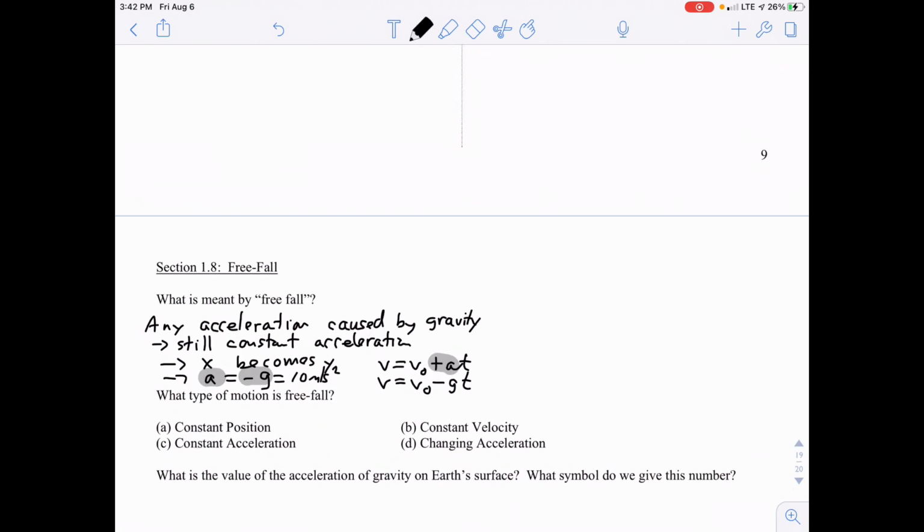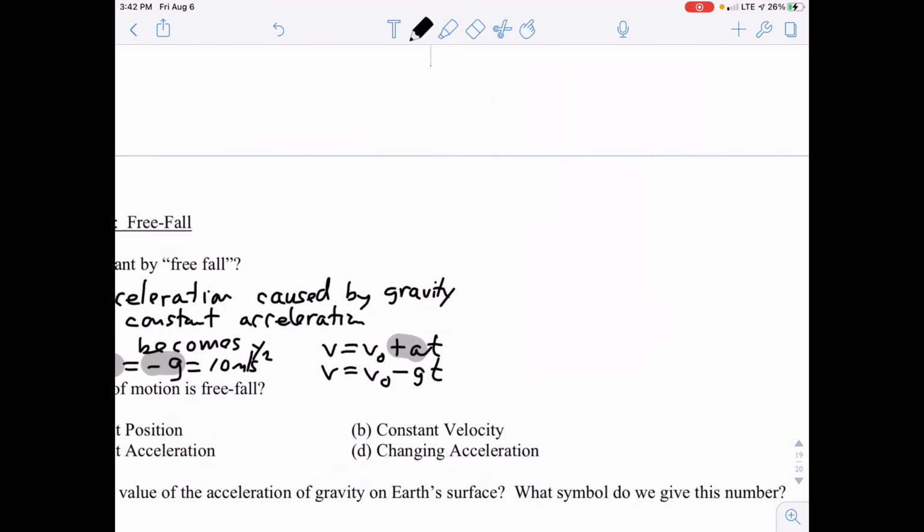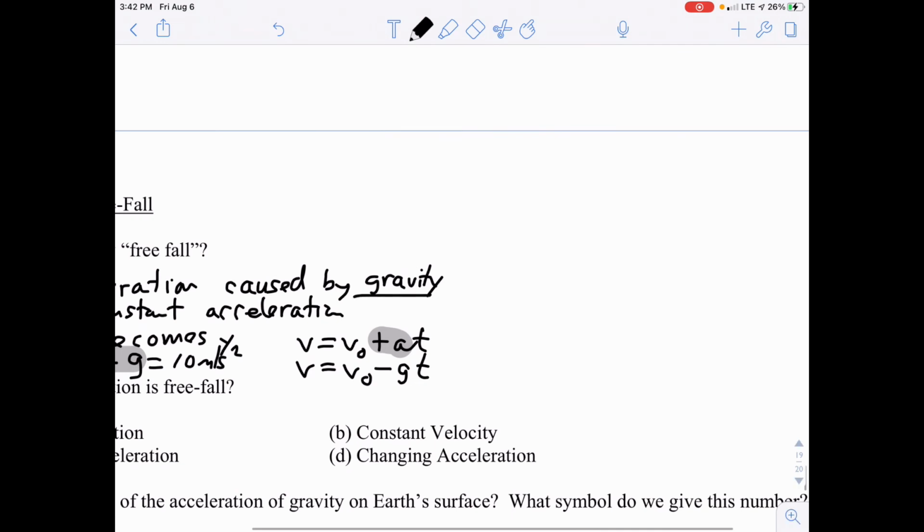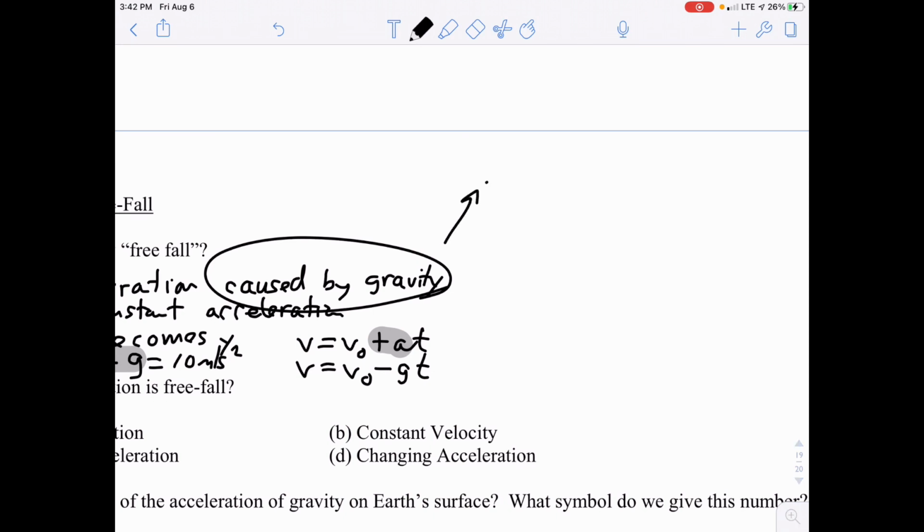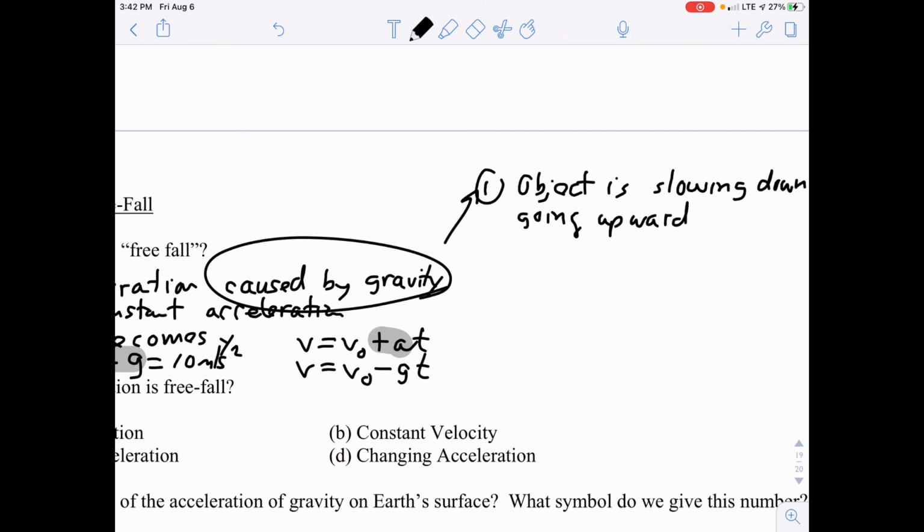Okay, so a couple of things. If it's caused by gravity, to be free fall, there's a couple things that we'll see. Number one, the object is slowing down going upward, like a ball being thrown upward, gravity slowing it down.